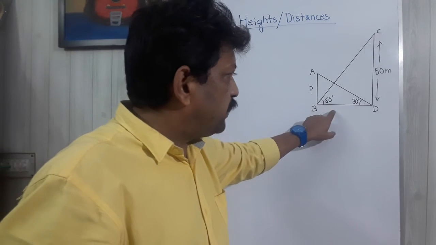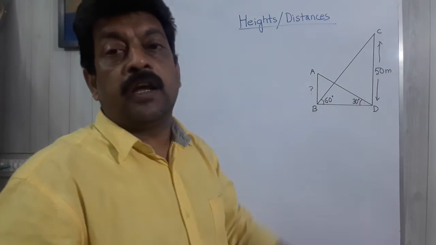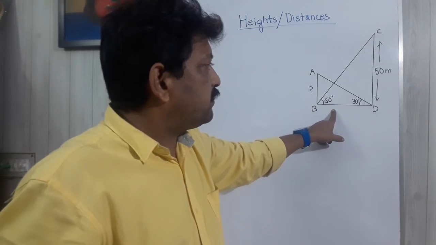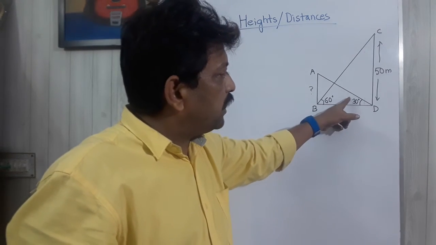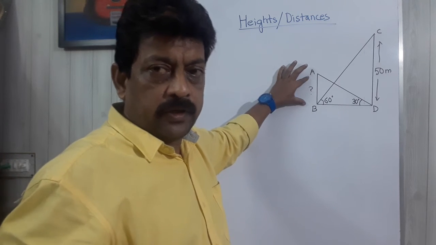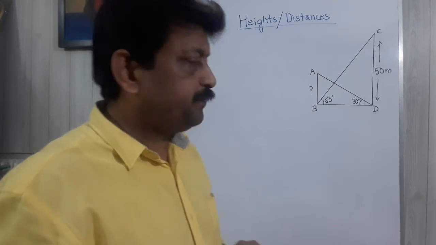And then this base of the right triangle CDB is also the base of the triangle ABD. So in this right triangle ABD, we now know the base, we know the angle of elevation, we can easily calculate the height. Here also we have to use the ratio tan theta.